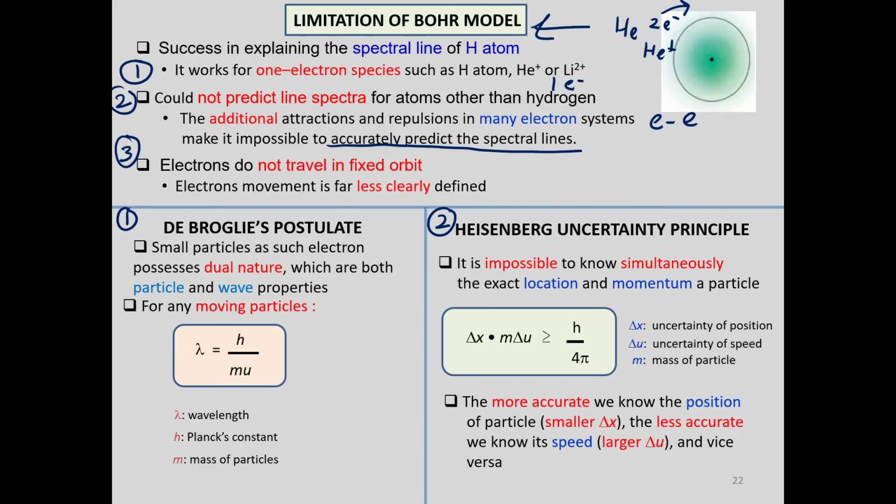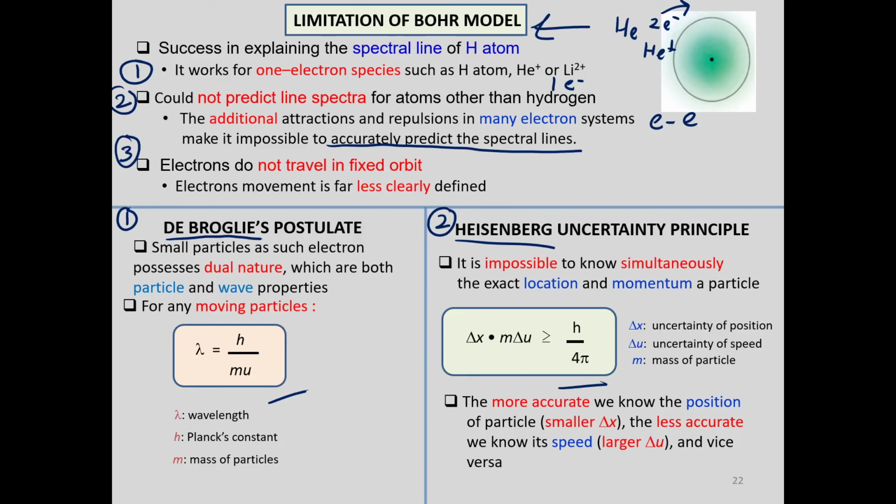Rejoice that you do not need to do any calculation related to de Broglie or Heisenberg. Just make sure the spelling of Heisenberg is correct, and remember the formula and what each part of the formula means.